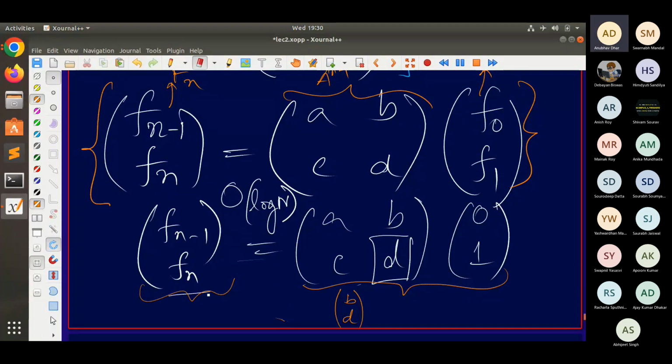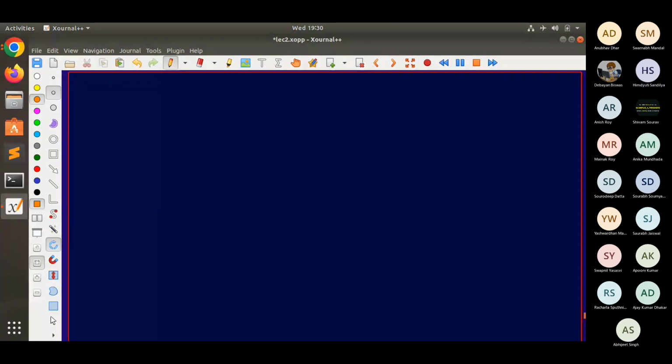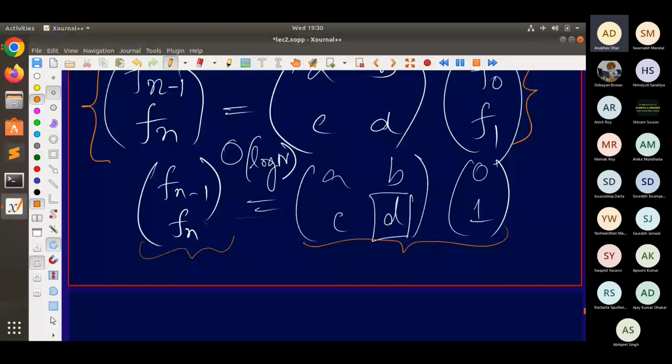Yeah, so please tell me if you find that I've done some mistake or it's not clear. It's clear. Okay. So just raise this matrix to the power n minus 1 and then take the bottom right element as your answer.